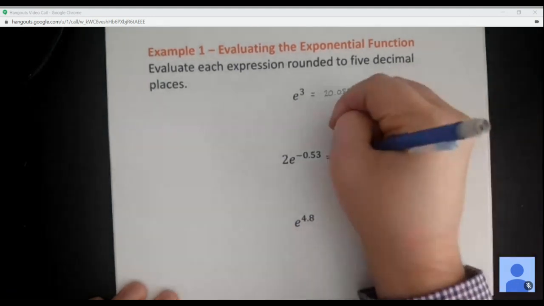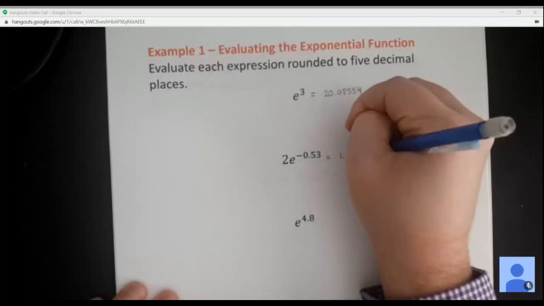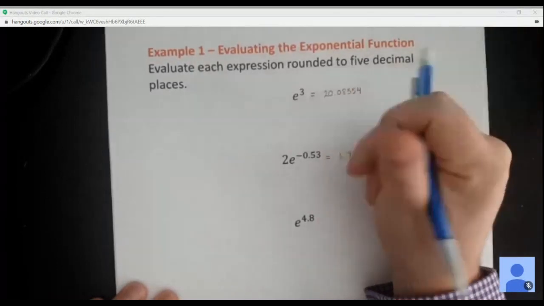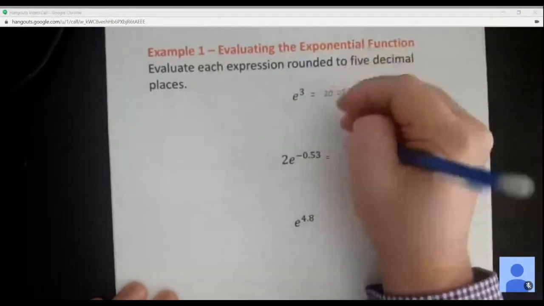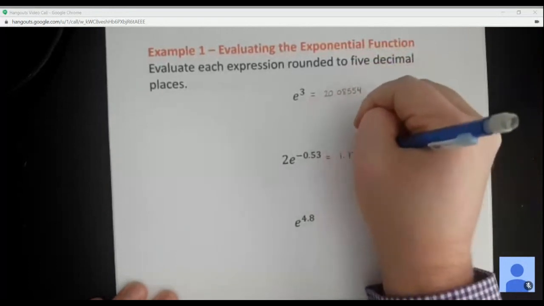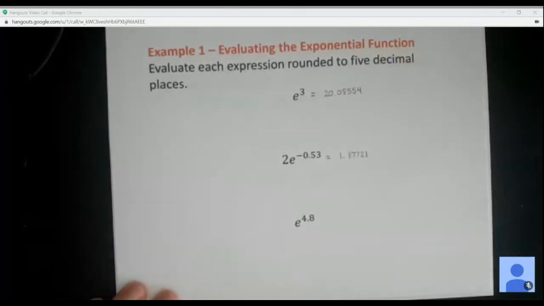Good. All right, 1.1771 if we round that one off. Any questions on how we got that?